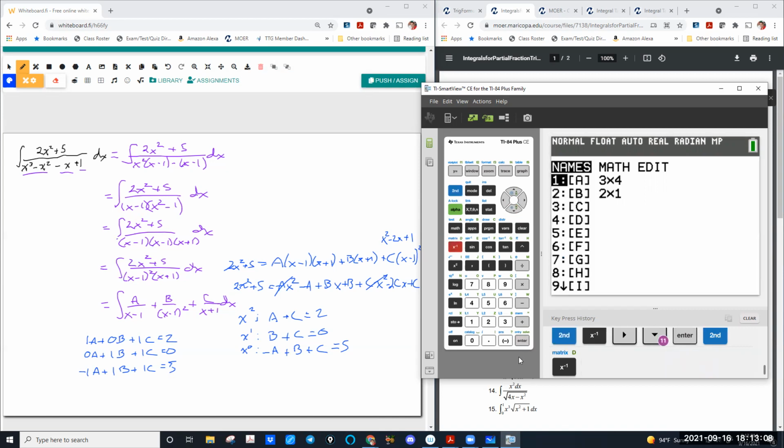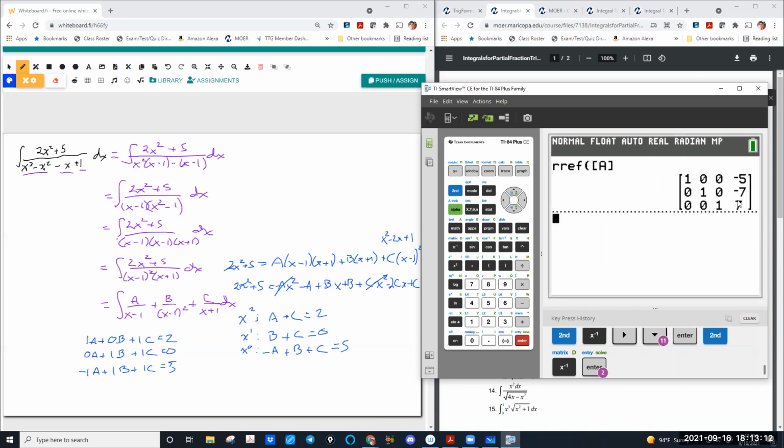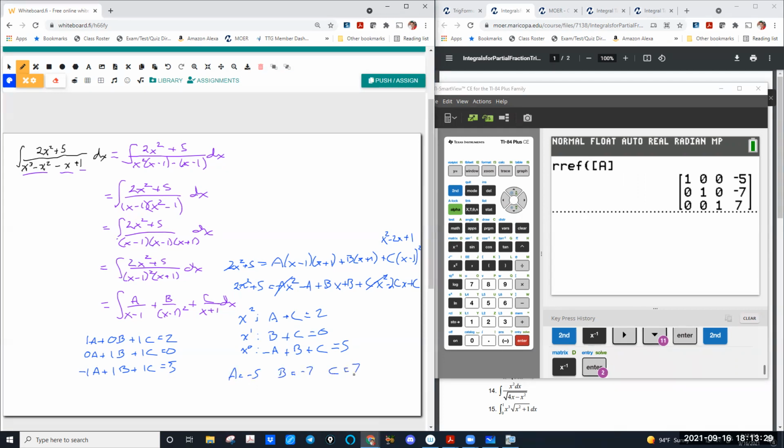I'm putting in A. And then enter. There are my answers. Remember, first column was A, second column was B, third column was C. That's my solutions. A equals -5, B equals -7, C equals 7. We'll plug those back in, and then we'll do our antiderivative piece by piece.